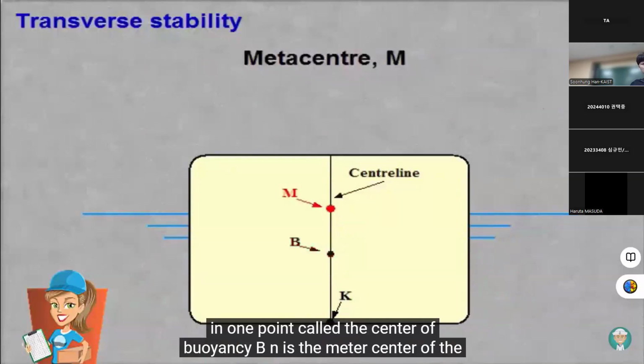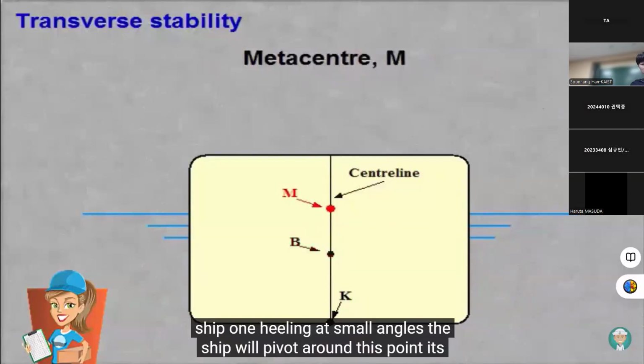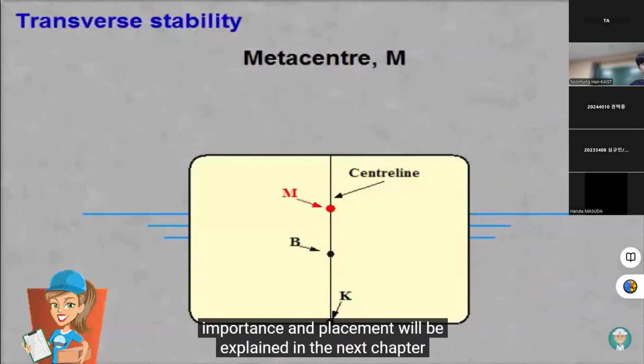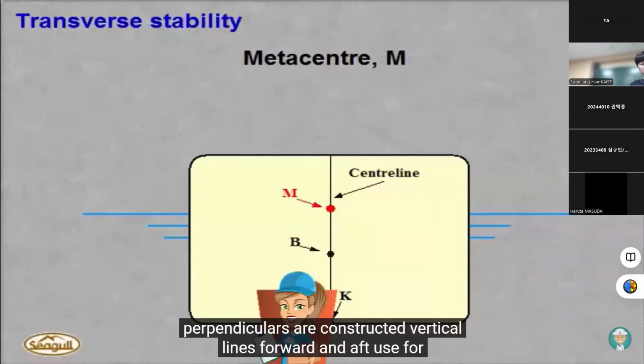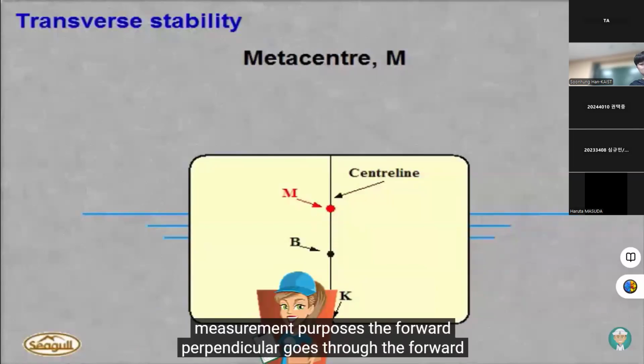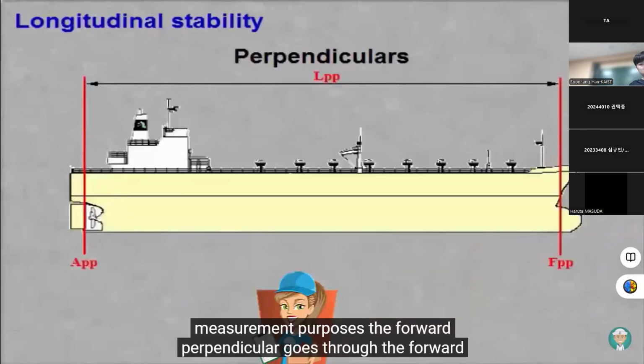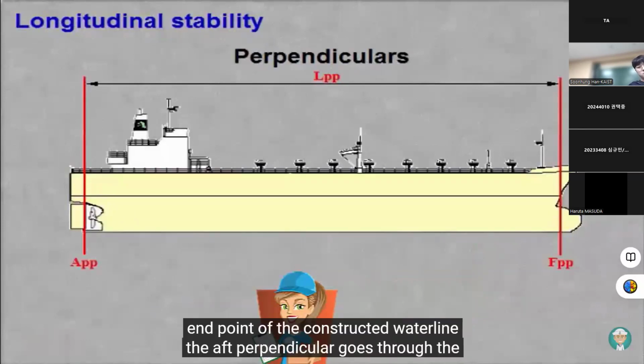M is the metacentre of the ship. When heeling, at small angles, the ship will pivot around this point. Its importance and placement will be explained in the next chapter. Perpendiculars are constructed vertical lines forward and aft, used for measurement purposes. The forward perpendicular goes through the forward end point of the constructed waterline.